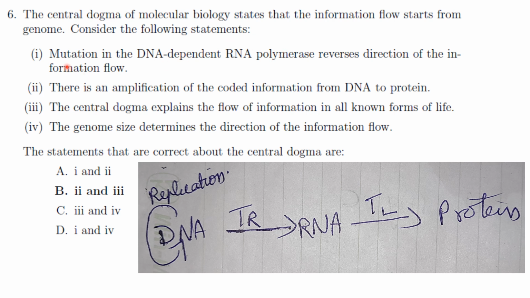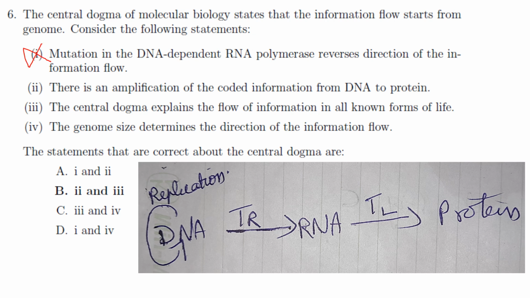Consider the following statements. Central dogma, you all know that DNA is transcribed to RNA, which is translated to proteins. Then the DNA undergoes replication, producing its own kind. First statement: mutation in the DNA dependent RNA polymerase, that is the RNA polymerase that is converting DNA to RNA, reverses the direction of the information flow. Mutation is not going to reverse the direction of the information flow. It will affect the process of transcription. So the first one is not correct.